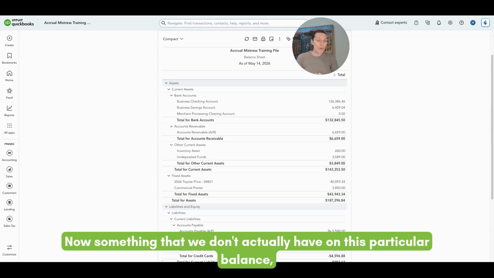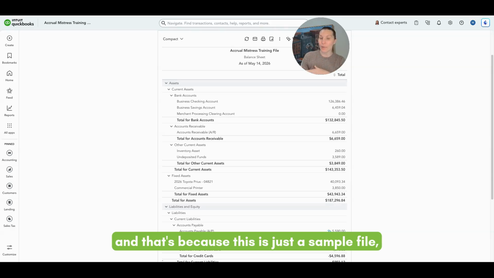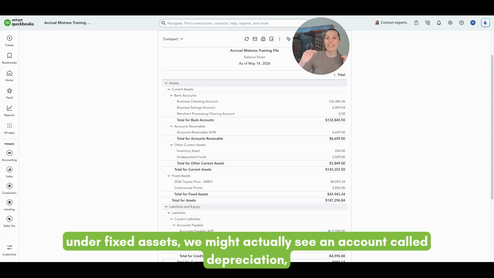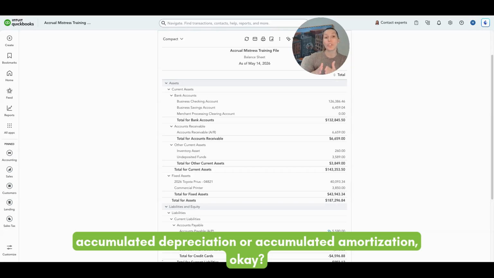Now, something that we don't actually have on this particular balance sheet, and that's because this is just a sample file, I don't have any tax implications or anything happening here, is under fixed assets, we might actually see an account called depreciation, accumulated depreciation, or accumulated amortization, okay?